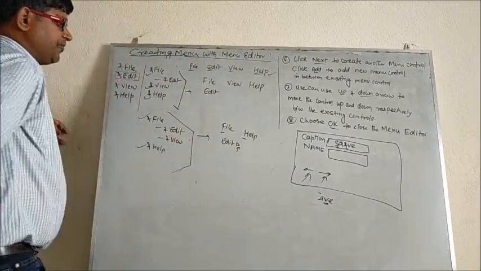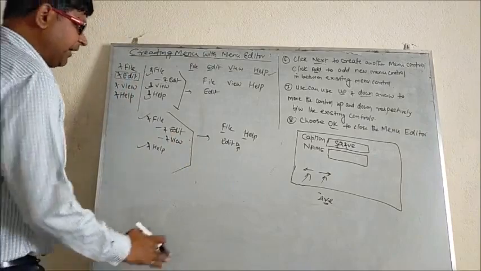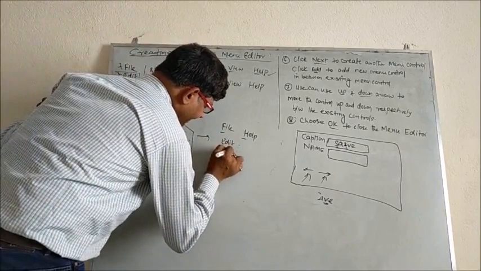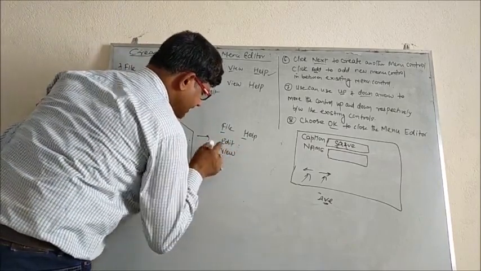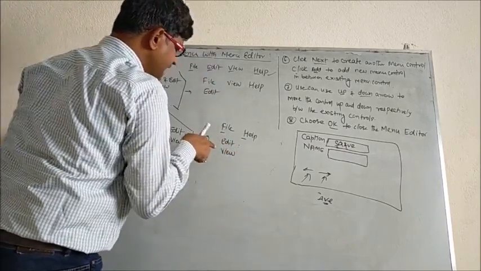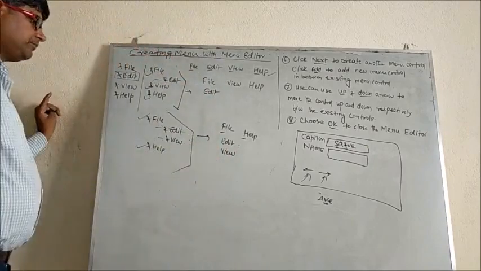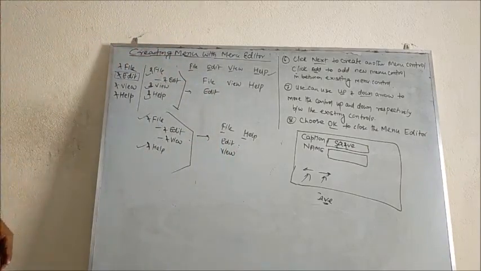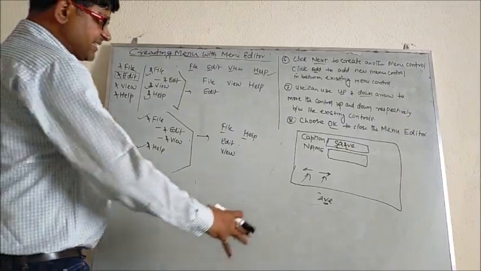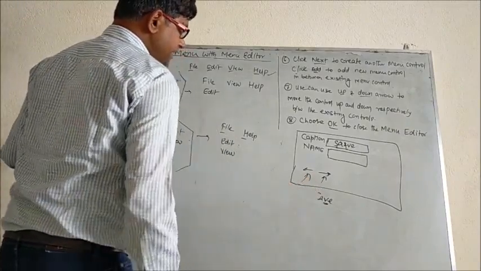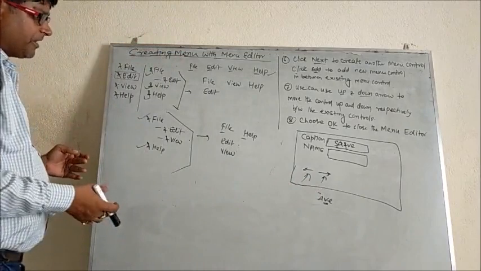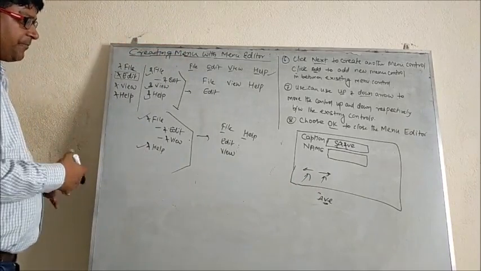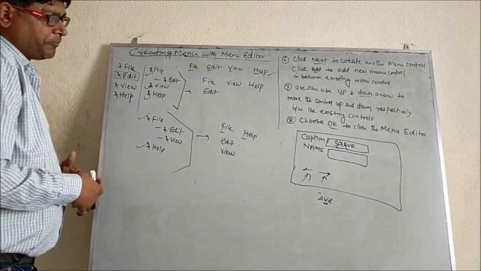So in this case what will be your output? In the File menu you will be having 2 menu items, that is Edit and View, right? I do think that I have explained this arrow very clearly, and if not, please reverse this video and watch it once again.